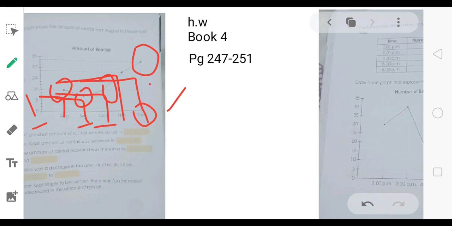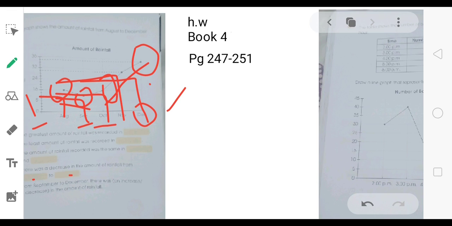Now part D. There was a decrease in the amount of rainfall from dash to dash. Listen to me. From October it goes up. But in which months does it decrease? From August to September. Now the last question.